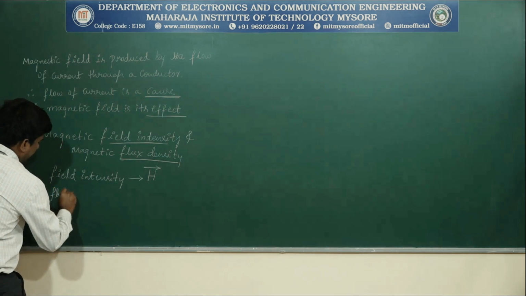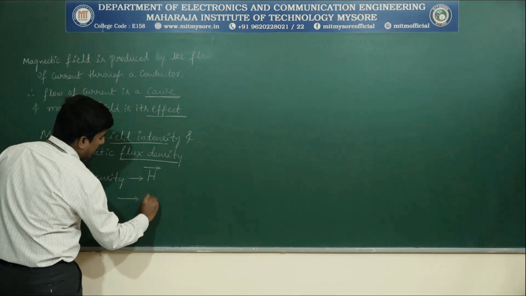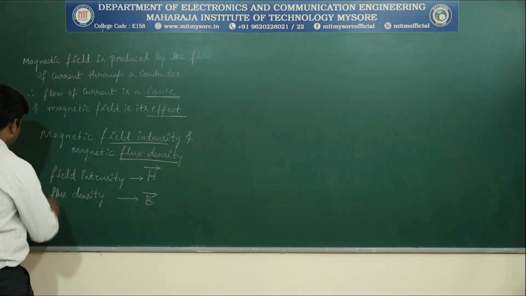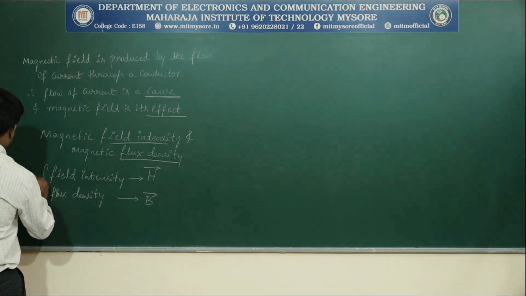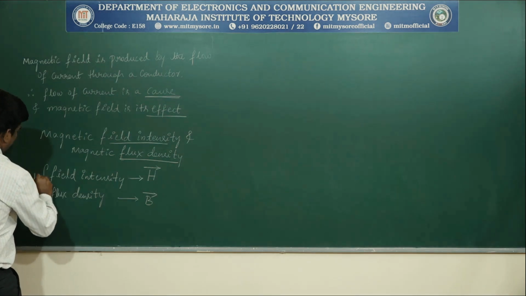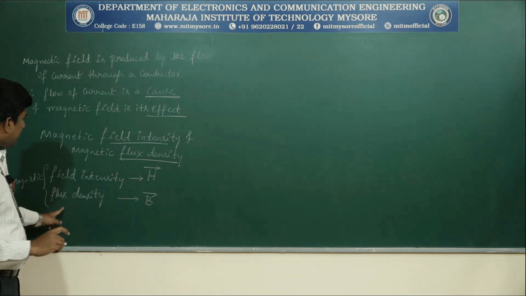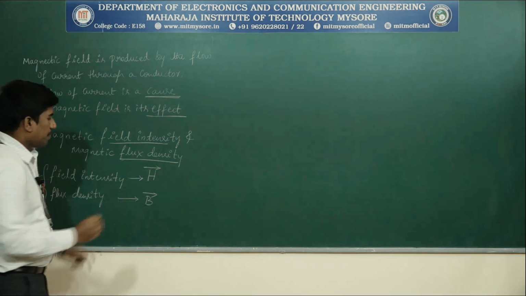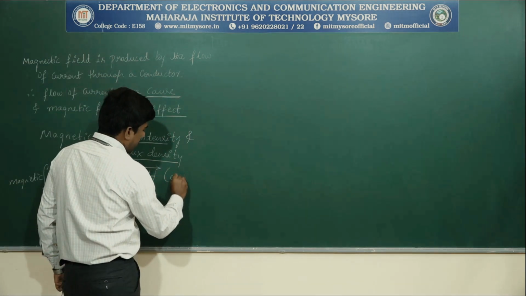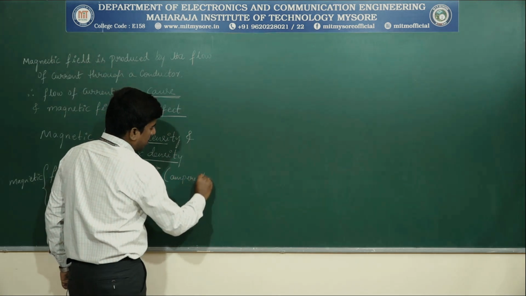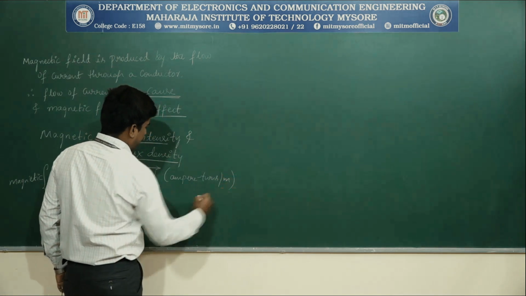Flux density is also a vector represented by symbol B. For magnetic field intensity the symbol is H, and for magnetic flux density the symbol is B. The unit of magnetic field intensity is ampere turns per meter.